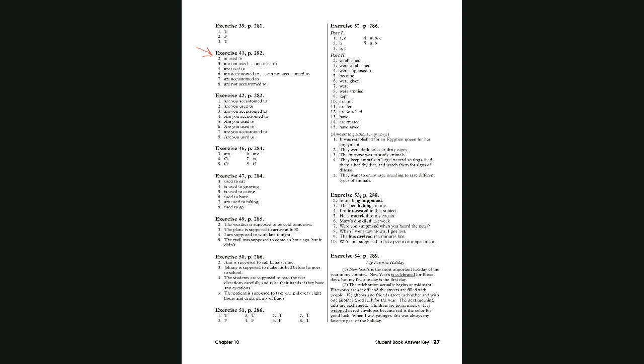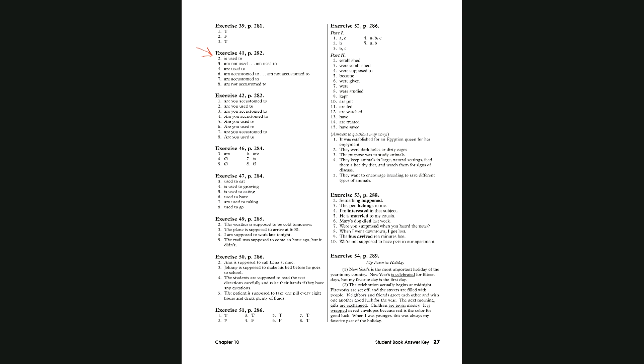Oh my gosh, there's a mistake on this, right? Which one? Number 3? Oh no, I'm thinking number 2. I'm confusing myself. Okay, number 3, it goes with I. So, I am not used to. Now, why are they using not? Why is it negative?